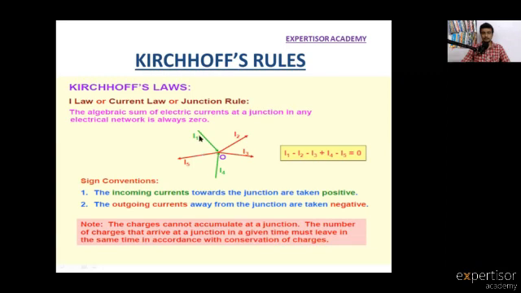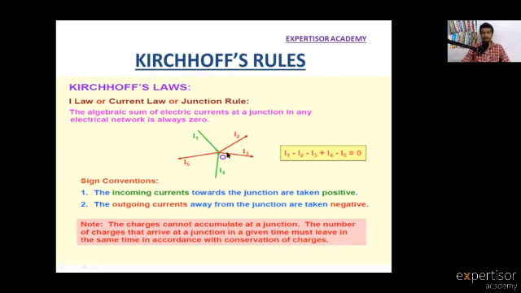Here I1 and I4, these two electric currents are moving towards this origin point, which we consider a junction. And I2, I3, I5, these three electric currents are moving away from this junction.